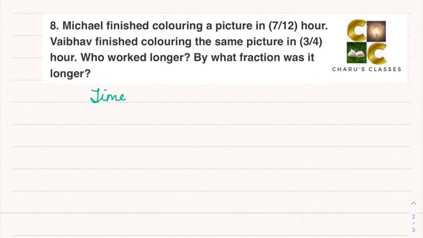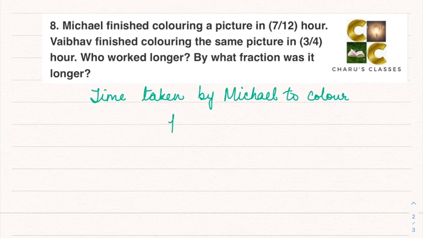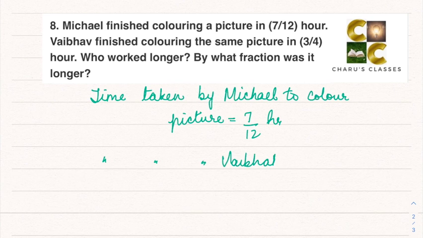Time taken by Michael to color the picture is 7/12 hours. And the time taken by Vaibhav to color the same picture is 3/4 hours.